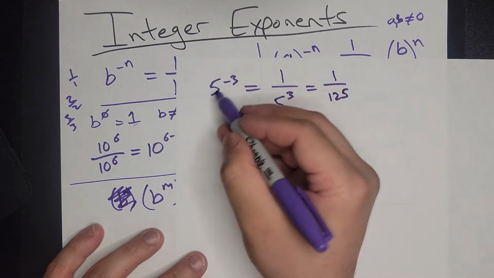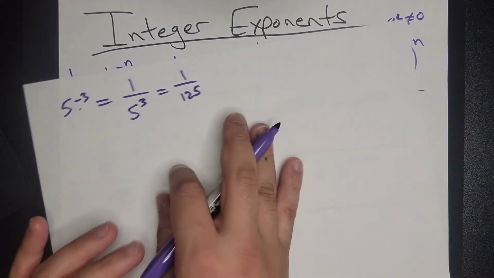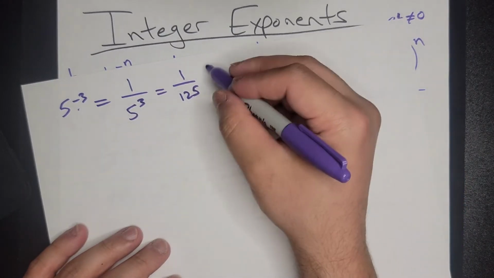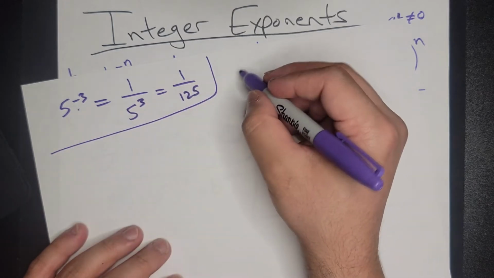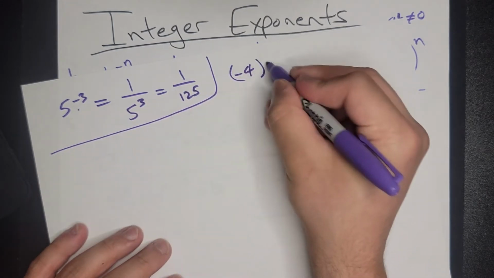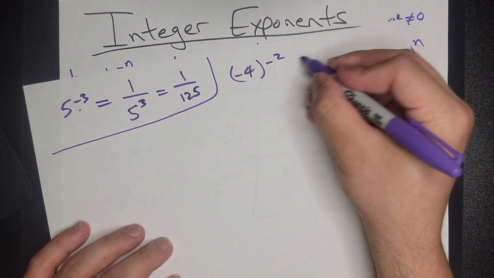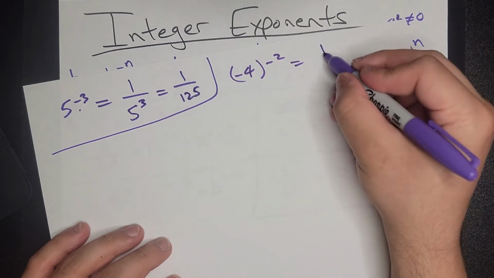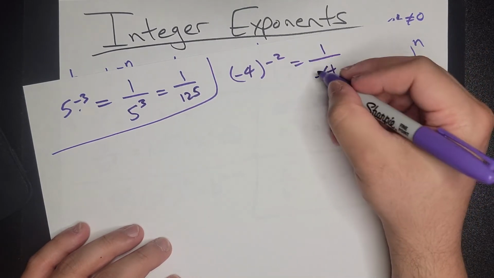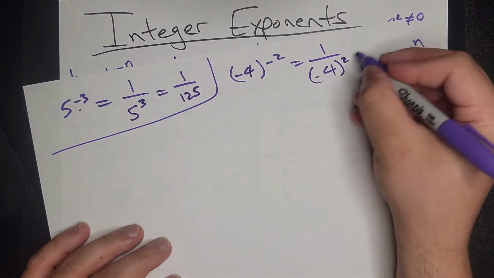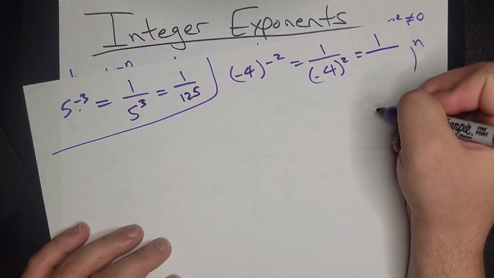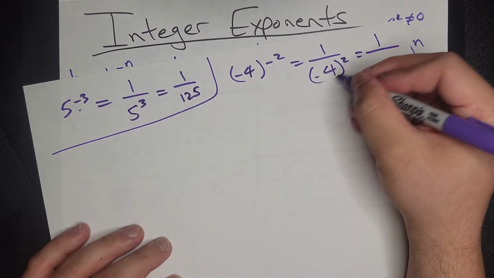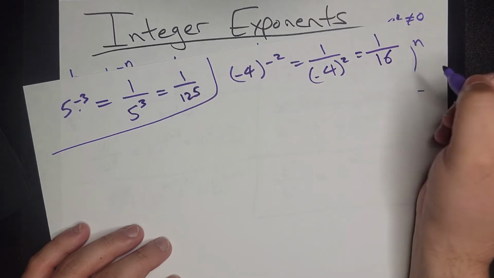And there you go, that's what that is equal to. And if we do, say, negative 4 to the power of negative 2, that is equal to 1 over negative 4 squared, which is 1 over positive 16.